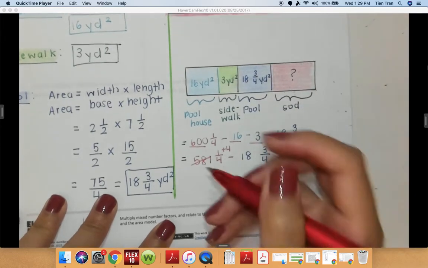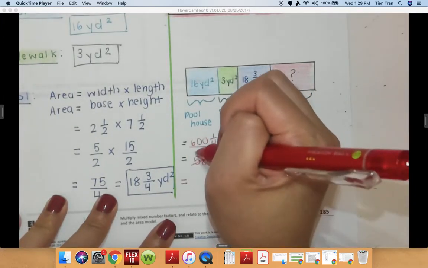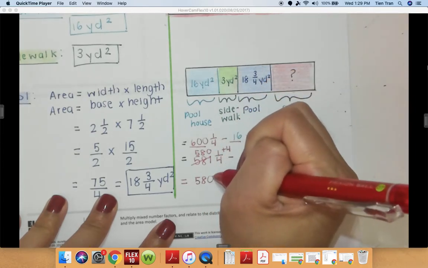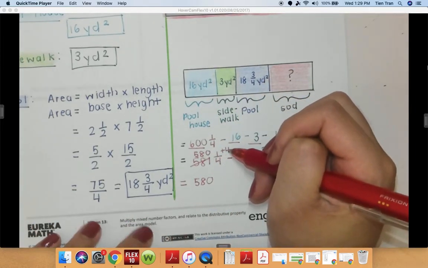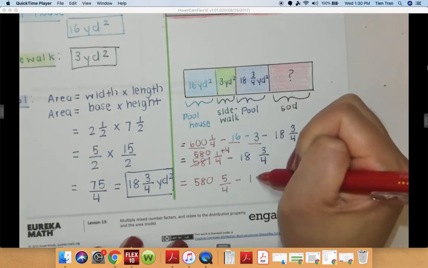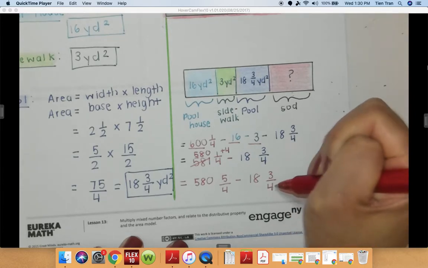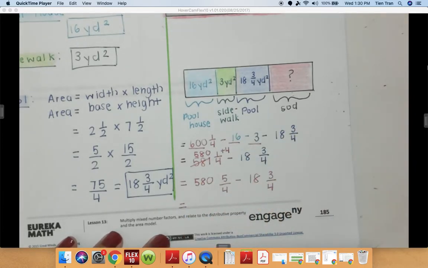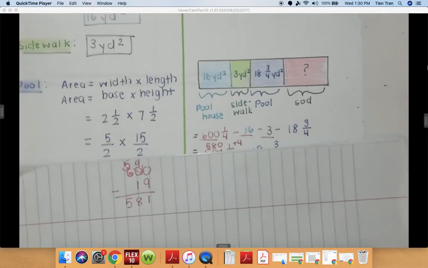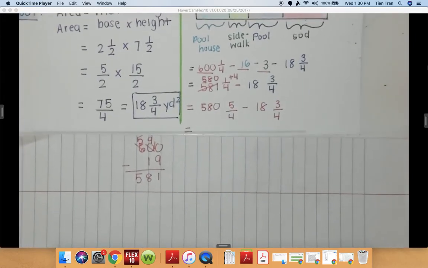So my 581 changes to 580, and this number in my numerator changes to 5/4 minus 18 and 3/4. Now, 580 minus 18 is what I need to figure out how to solve. Let me move this a little higher so you can see that.